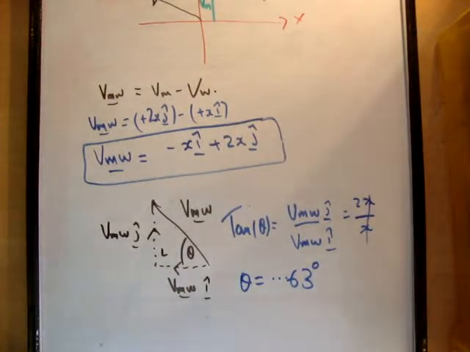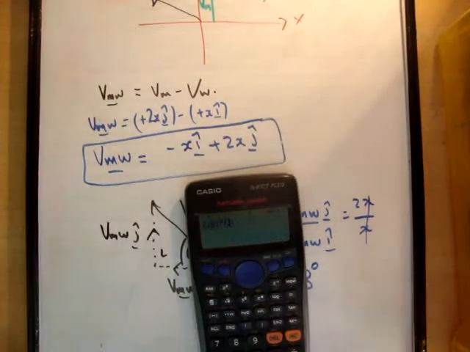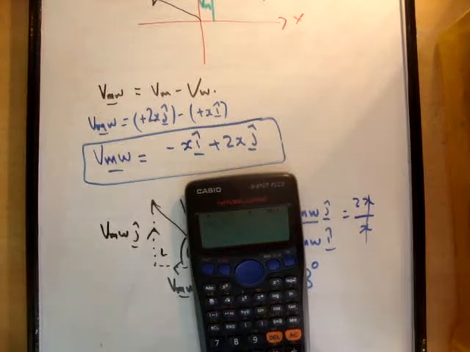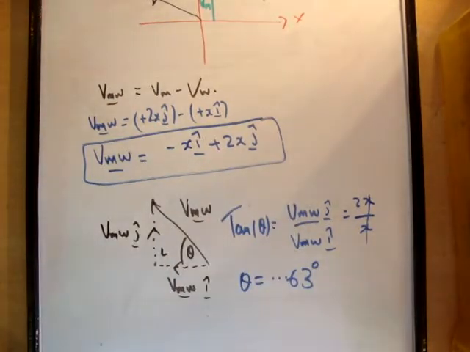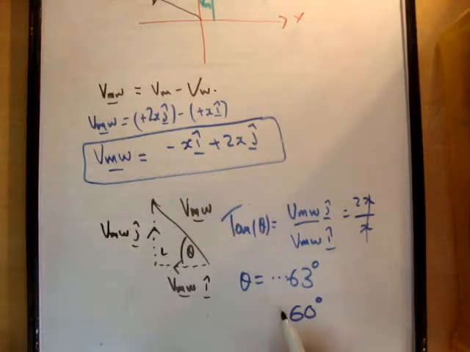I'm just going to do that in front of you. So shift tan, inverse tan of 2 is equal to 63.4 degrees. And the book actually says 60 degrees. While I am open to correction, and I may be incorrect, I think that that's actually a typo in the book.